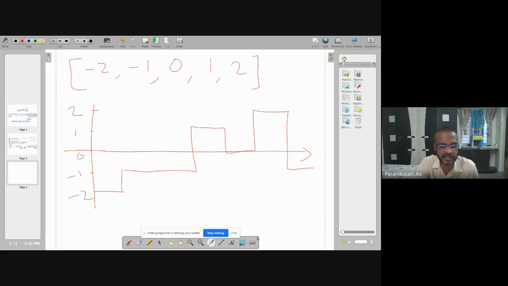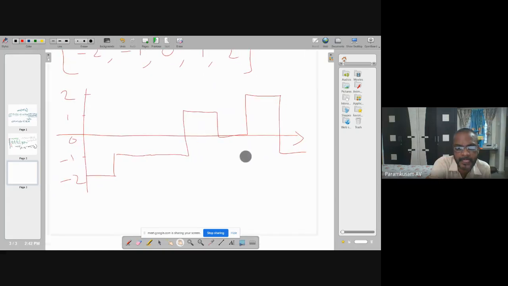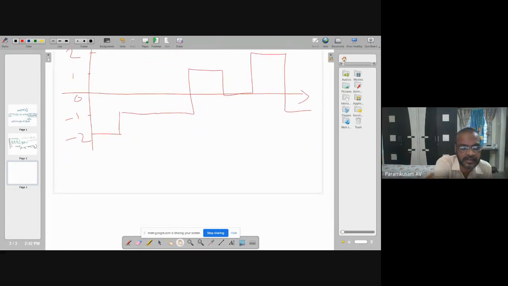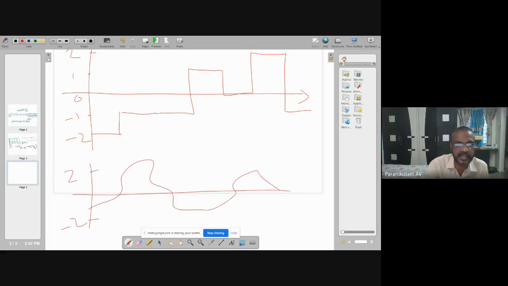Suppose I draw an analog signal between -2 and +2. So this is the analog signal.